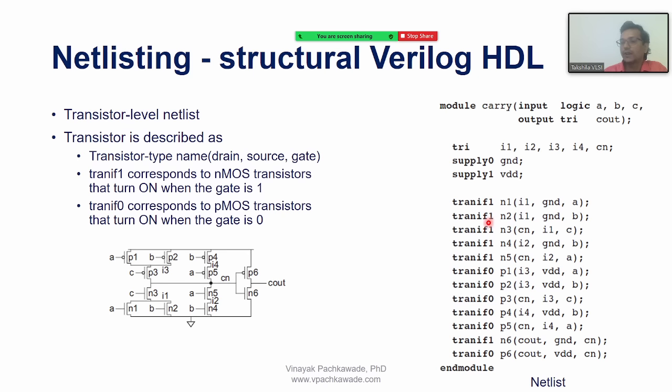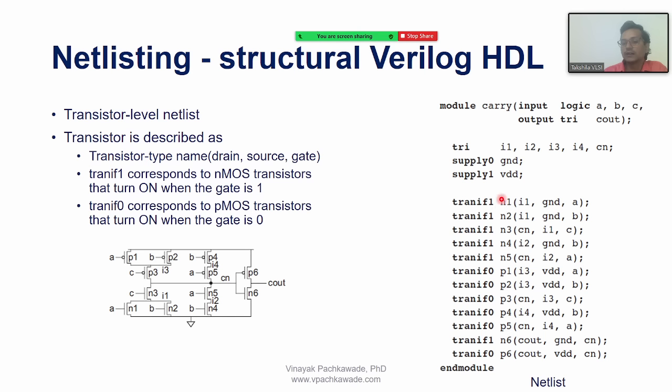So it's just a way it is defined. Where are the N1, N2? Right here. You see N1, N2, N3 up to N6. Again same, PMOS P1 up to P6. And what is in the parenthesis? It shows the connection as drain. First node is drain, then source and gate. It shows the first transistor I am calling is tranif1 N or simply NMOS.